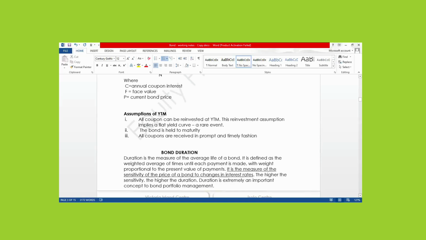Let us digress a bit. The examiner has tested this question twice. The examiner says, calculate the yield to maturity of the bond, and explain why the investor may not realize the calculated yield to maturity.